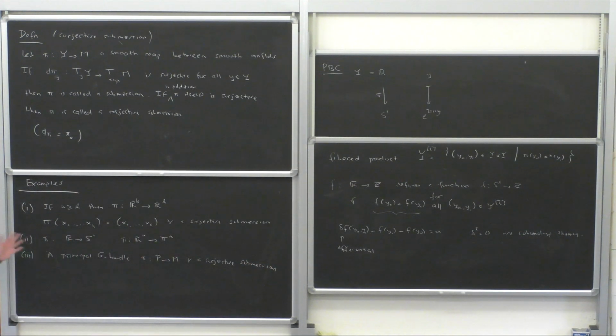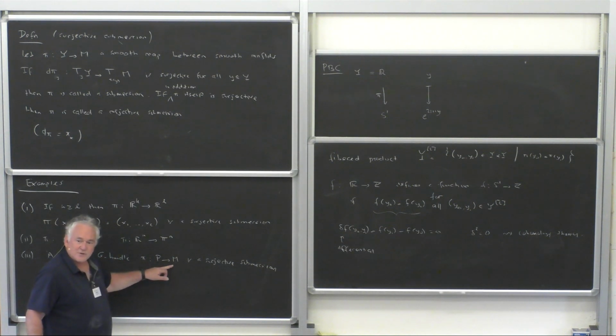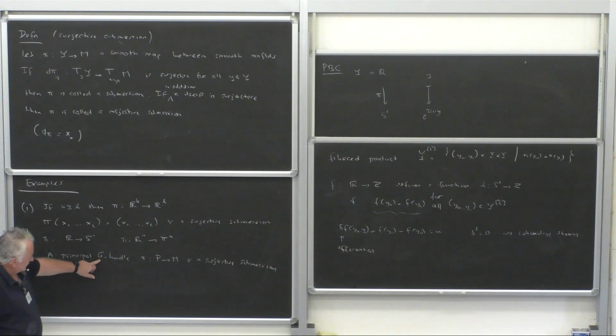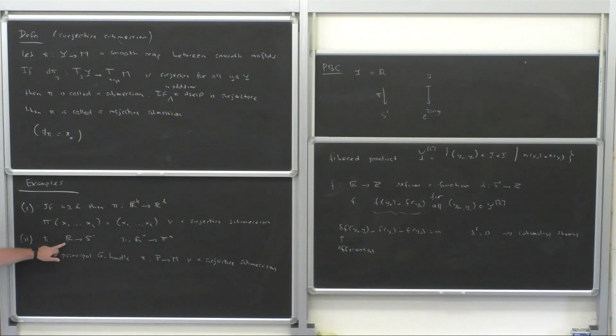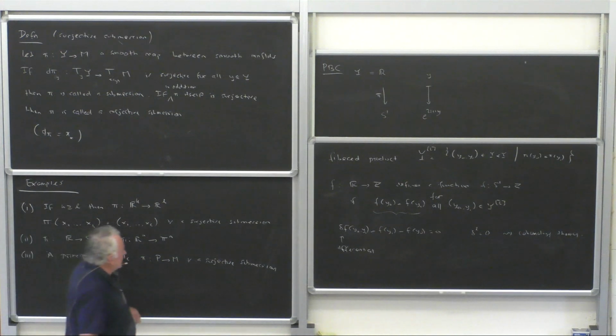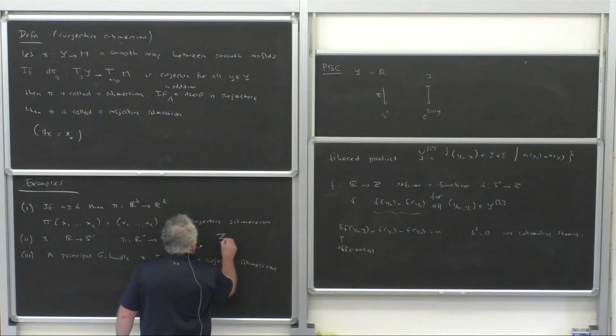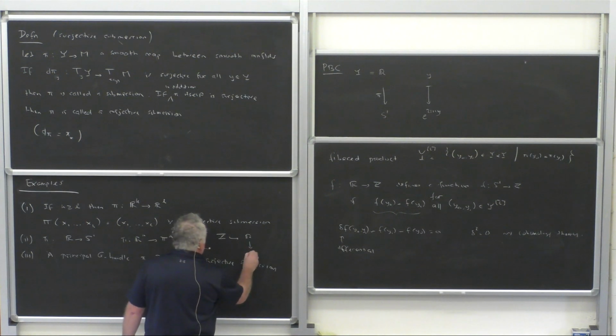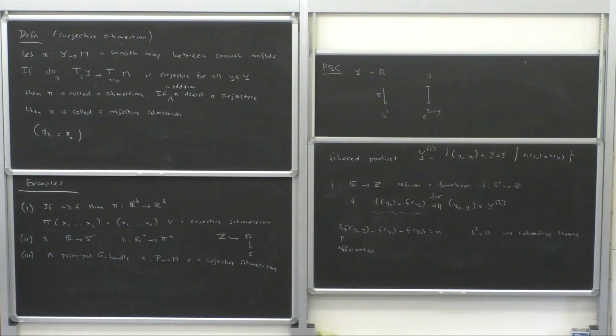Okay, so we have lots of bundles, principal bundles over manifolds M. They all give rise to surjective submersions, so they all give rise to examples that I can work with. And in fact, you typically think of, in gauge theory, principal G bundles for some Lie group G, but in fact this is a principal Z bundle. So Z acts on R by translation, and you can easily check that this is a principal Z bundle.